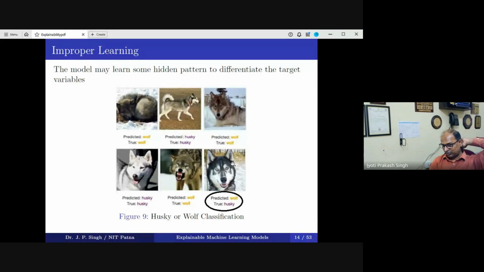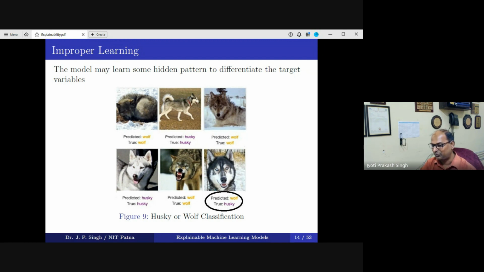So what did the model do? The model looked into the white color or snow. If you look carefully, all the wolf images are taken from icy, snowy areas. So there is snow in the background, right? Whenever it sees snow, the model has learned to identify snow versus non-snow.